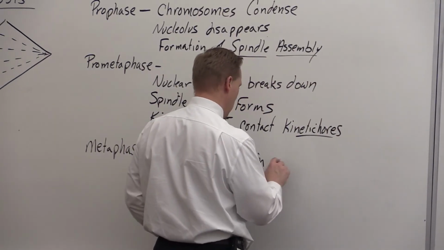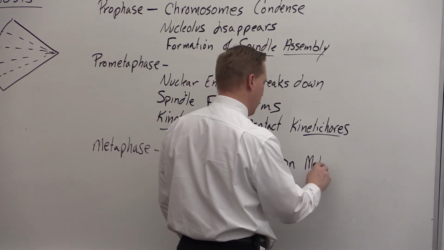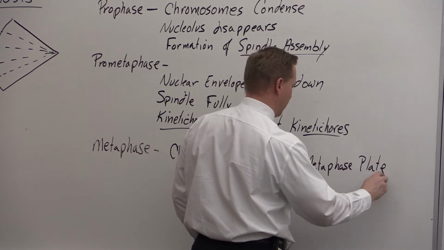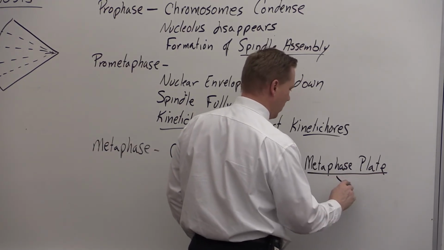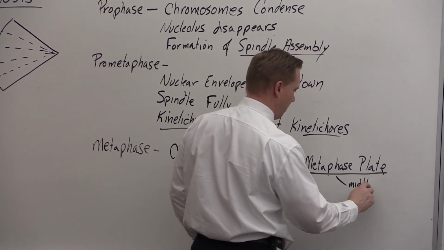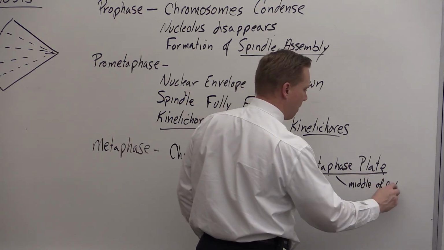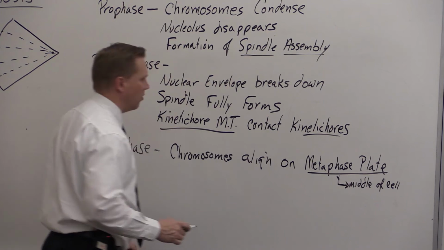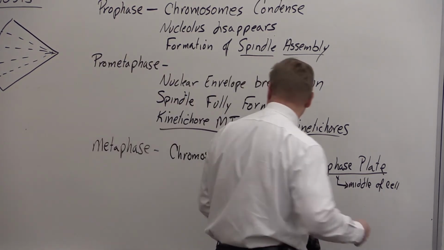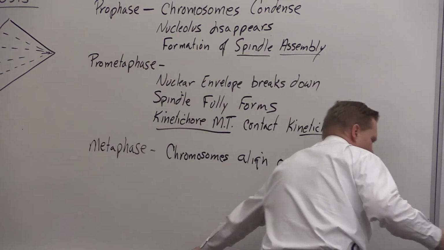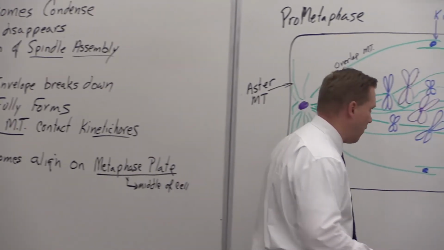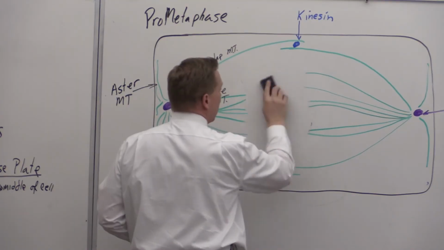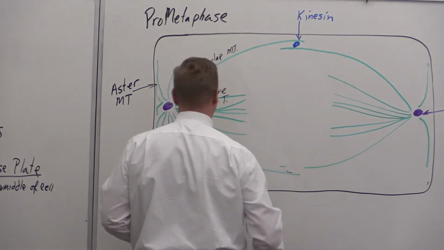Align on the metaphase plate. And that simply means the middle of the cell. Okay, so they align along the metaphase plate, and that characterizes metaphase. And then they just sit there for a while. We'll explain why they sit there for a while in our next lesson when we talk about cancer.